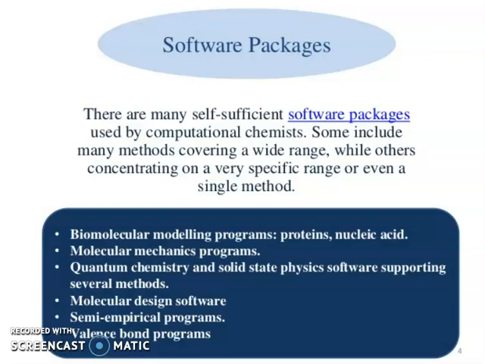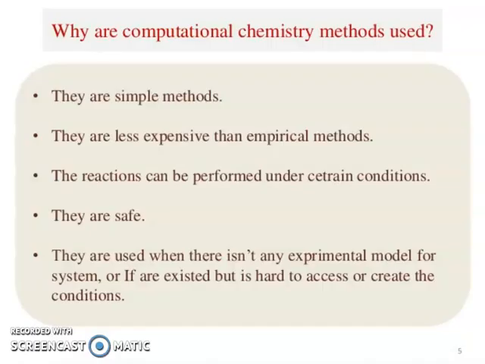Biomolecular modeling programs, protein and nucleic acid, molecular mechanics programs, quantum chemistry and solid-state physics software supporting several methods, molecular design software, semi-empirical programs, valence bond programs. So, a lot of software is available for different types of calculations.